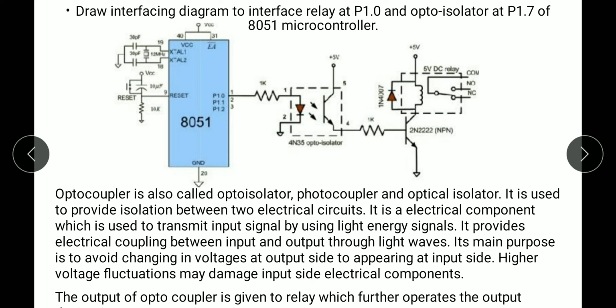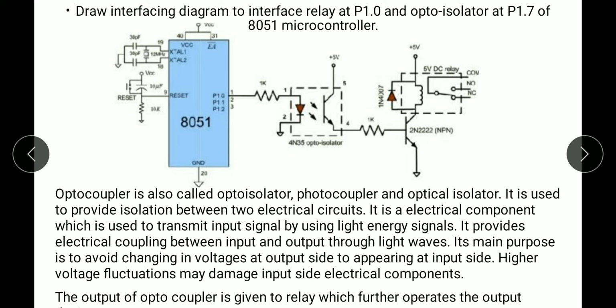An optocoupler is also called an opto isolator, a photocoupler or an optical isolator. It is used to provide isolation between two electrical circuits. It is an electrical component used to transmit an input signal using light energy, and it provides electrical coupling between input and output through light waves.